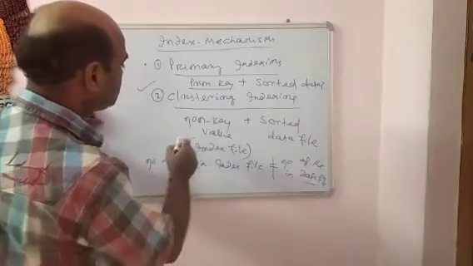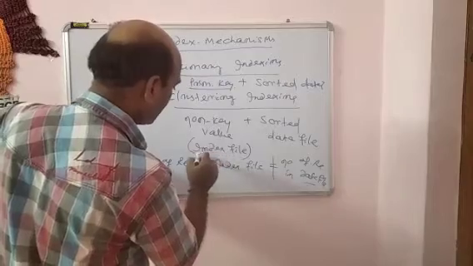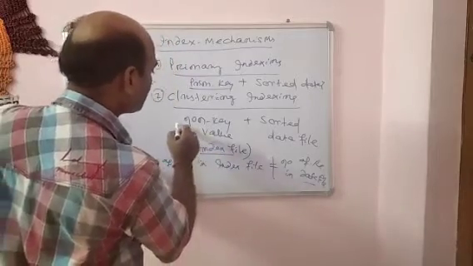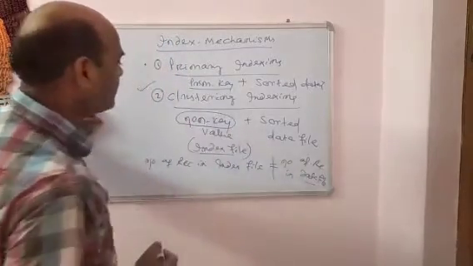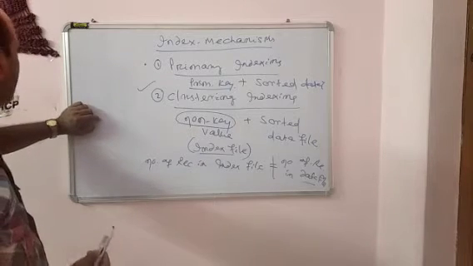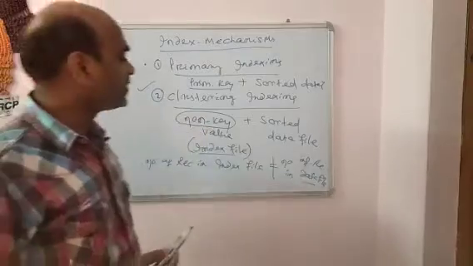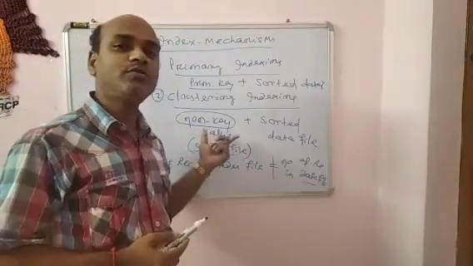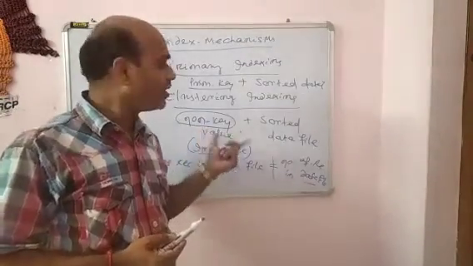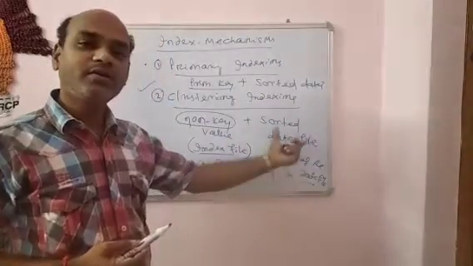So now consider that the index file was created according to the non-key value. Non-key values are used for creating the index file. And again the main file is sorted.